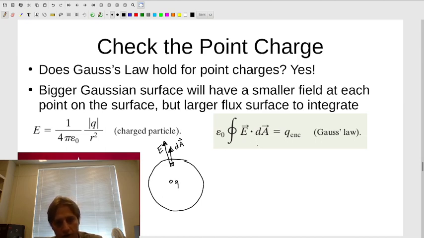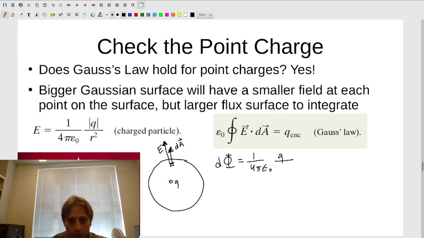Cosine of 0 degrees is 1. So in this case, my E dA is my flux. So my little d flux, my differential flux element, is going to be E, so that's this size, 1 over 4 pi epsilon naught times Q over, and the radius of this sphere is going to be r.